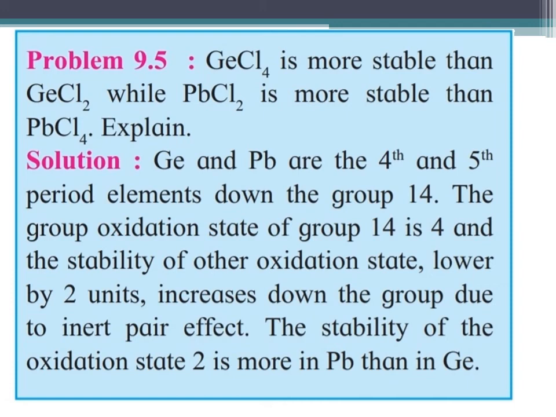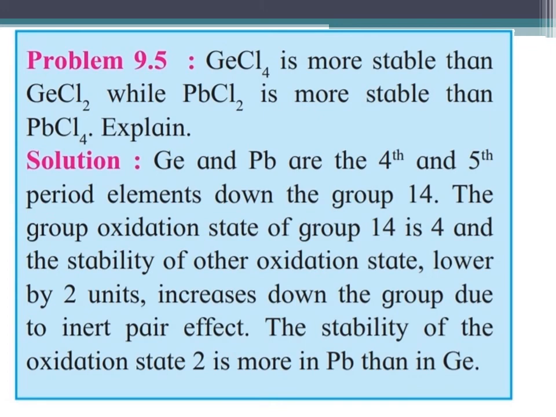Now my dear students, we know that the lowest element of group 14 is lead. Germanium and lead are both elements of group 14. All the elements of group 14 are carbon, silicon, germanium, tin and lead. Lead is the heaviest element and the lowest element of group 14.